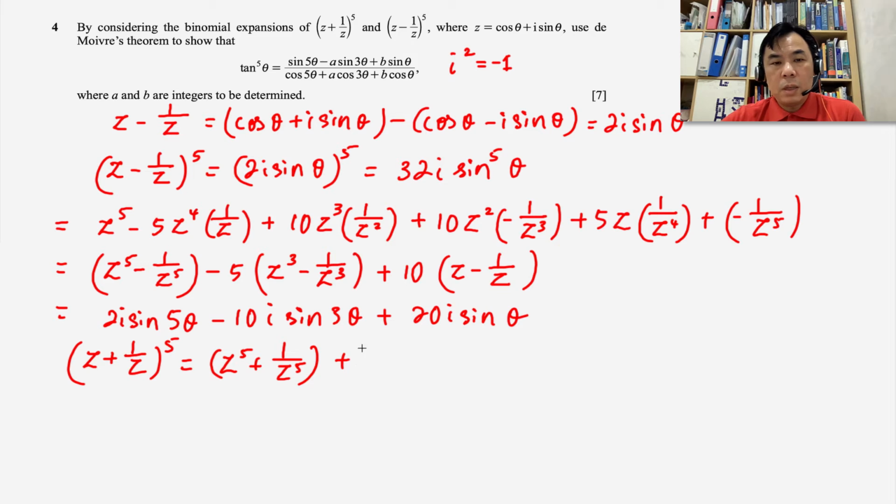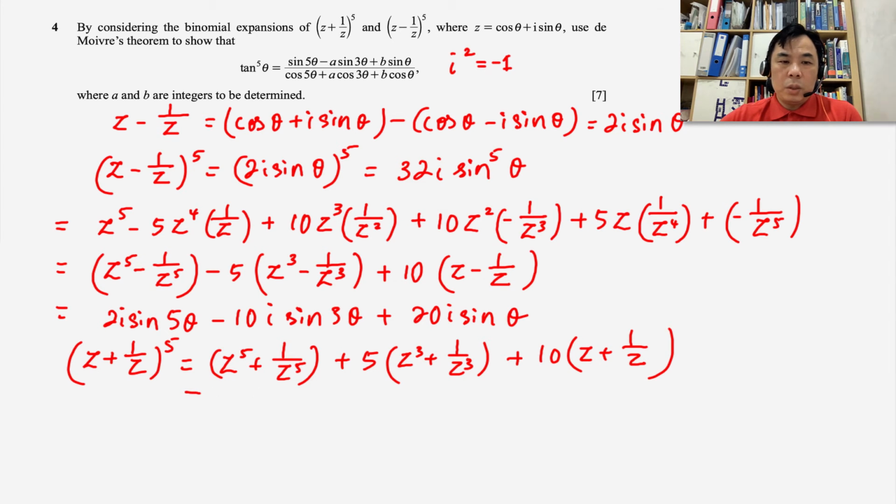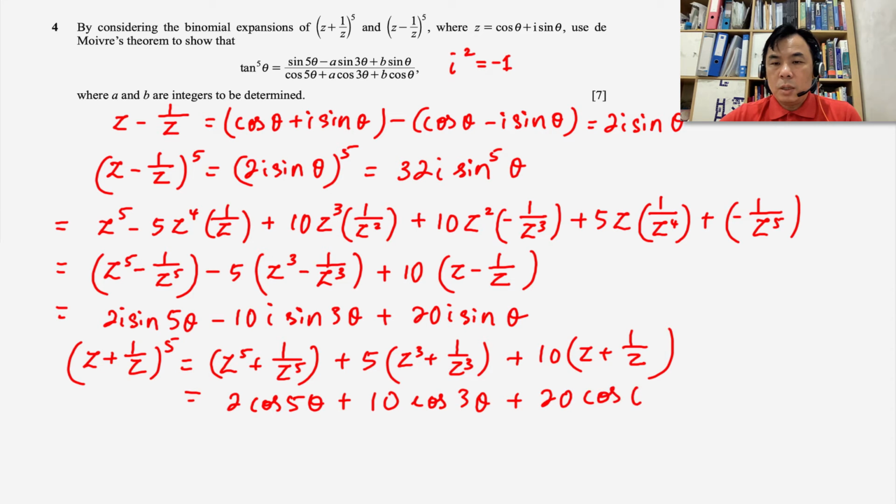And then after that, the same thing goes for the second one. So 5 z^3 also. And then finally, I do have my z plus 1 over z. And then that would actually yield what I have, 2 cosine 5 theta plus 10 cosine 3 theta, and then finally I have my 20 cosine theta here. Now that's what I have currently.